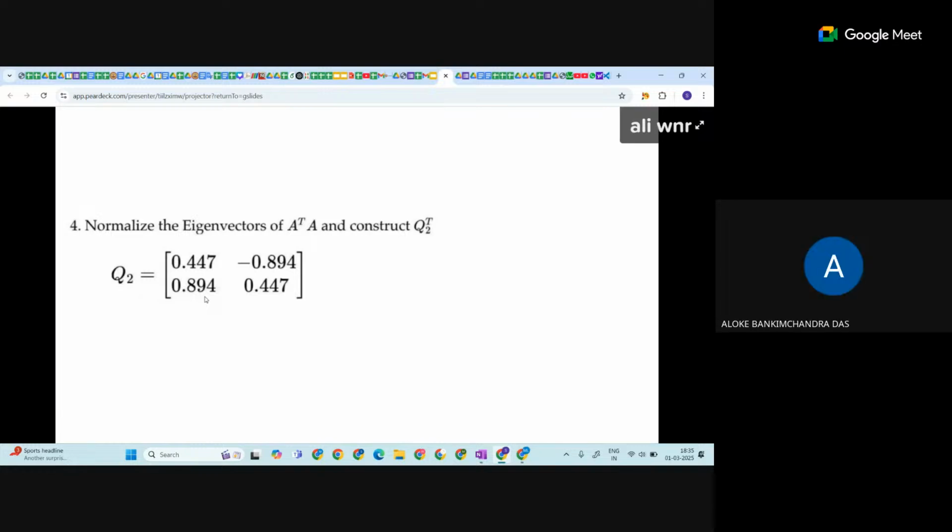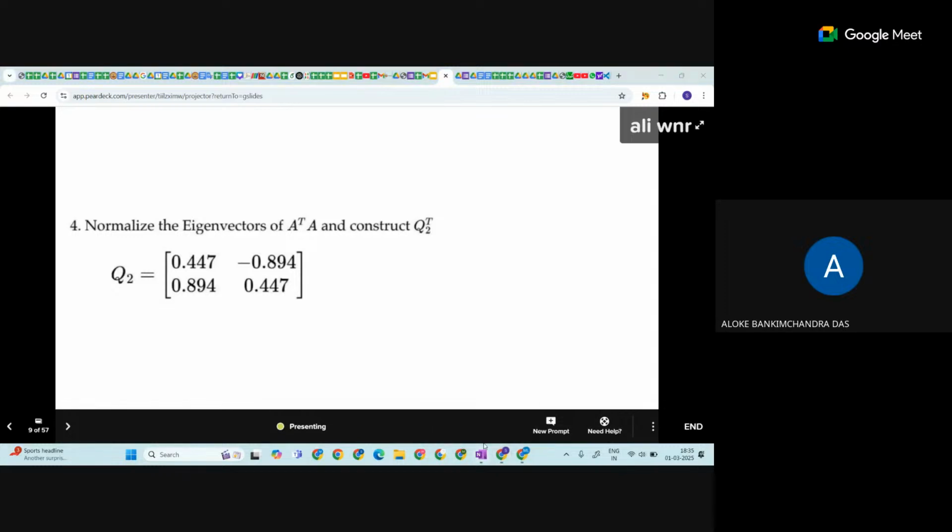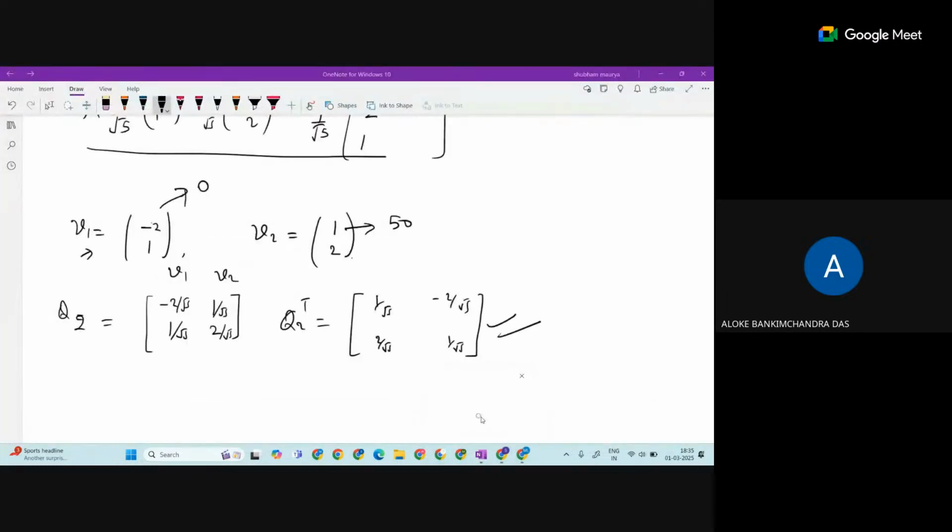Can you show me your earlier working on the board? If we wrote the eigenvector of 0 first and then the eigenvector of 50, is there any problem?